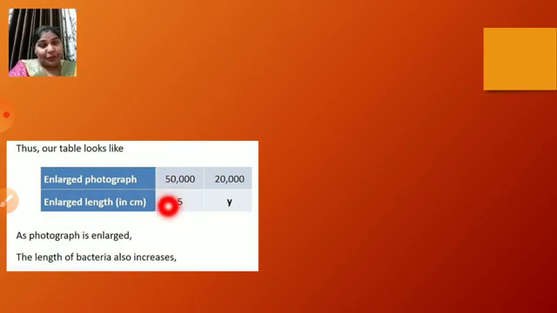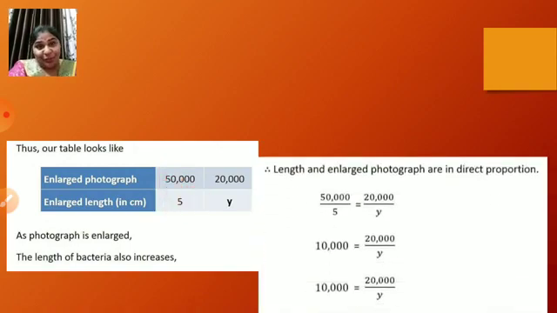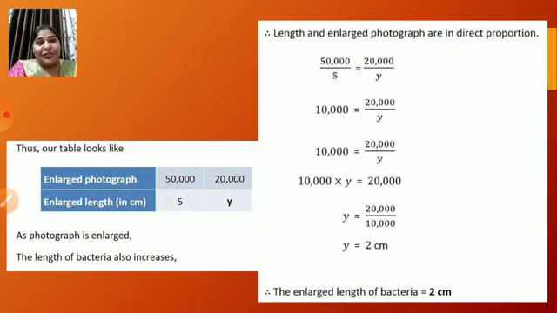When they are in direct proportion, we know, children, that x1 upon y1 is equal to x2 upon y2. That means 50,000 upon 5 is equal to 20,000 upon y. Since y is in the denominator, we transpose it to the other side, and 50,000 upon 5 we transpose to the right hand side.